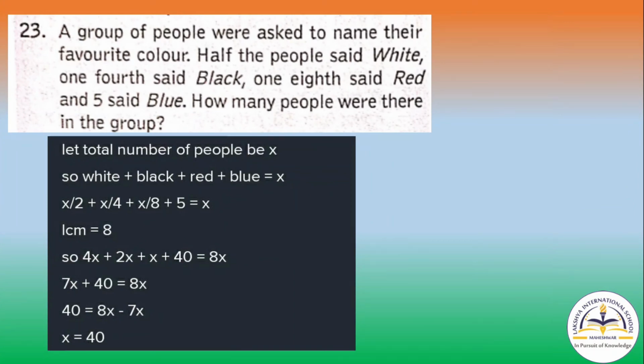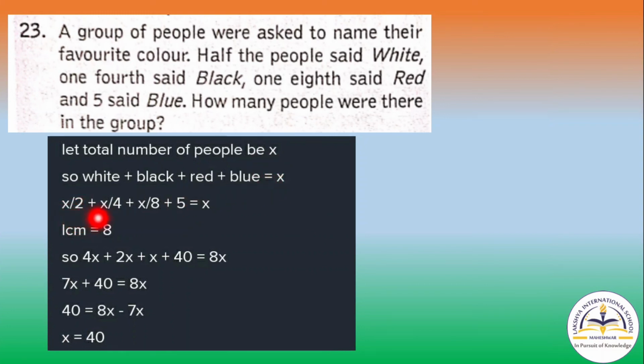Question number 23: a group of people were asked to name their favorite color. Half the people said white, 1/4 said black, 1/8 said red and 5 said blue. How many people were there in the group? Now white plus black plus red plus blue equals x. Here we have considered x as the total number of people.